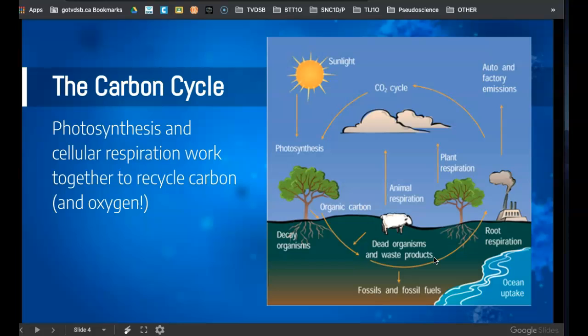We have already talked about this in a fair amount of detail: photosynthesis and respiration, this cycle back and forth between the two processes. In photosynthesis, carbon dioxide and water are taken in by the plant, which uses the energy of the sun to convert them into sugar and oxygen. Then plants or animals can take in that sugar and oxygen and release carbon dioxide into the atmosphere, and that goes back and forth and back and forth.